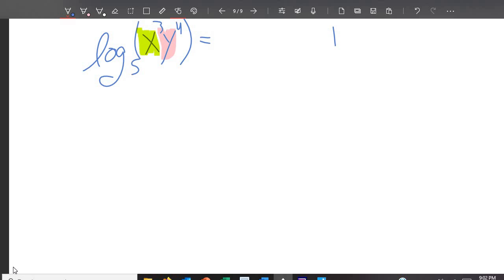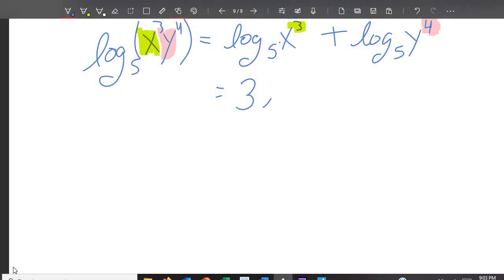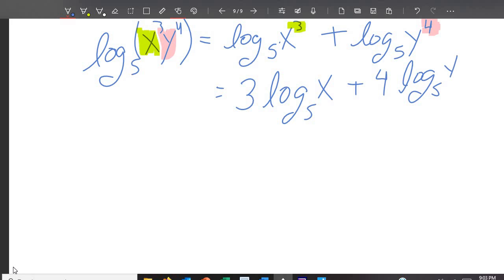So we're going to have a plus sign in between two logarithms. Log base 5 of x cubed, and log base 5 of y to the 4th. Since they have exponents, we have to turn around and do the power rule. So this has two rules I have to use. So we'll have 3 log base 5 of x plus 4 log base 5 of y.